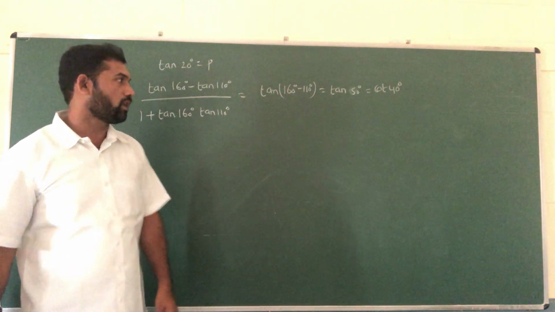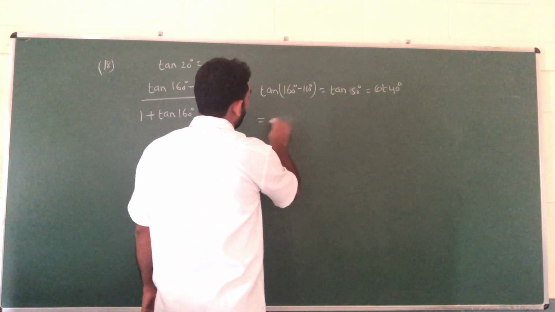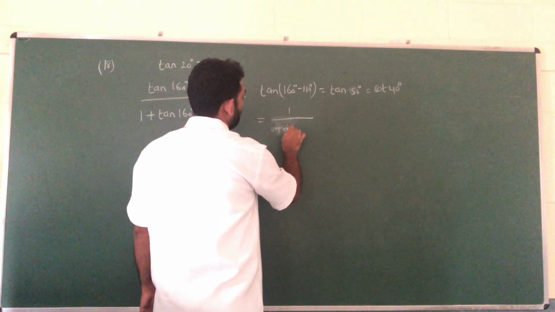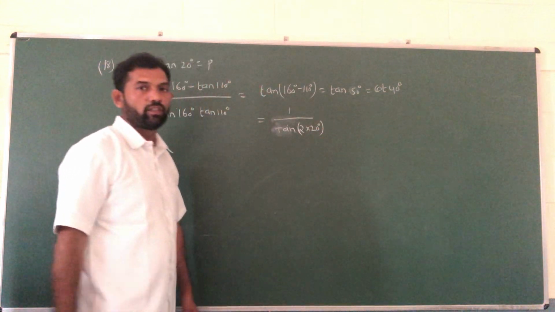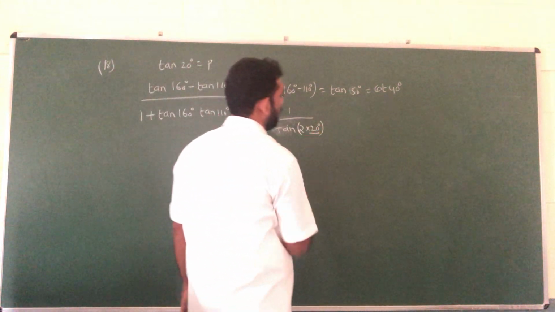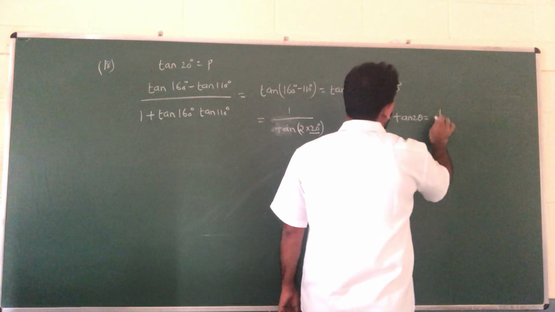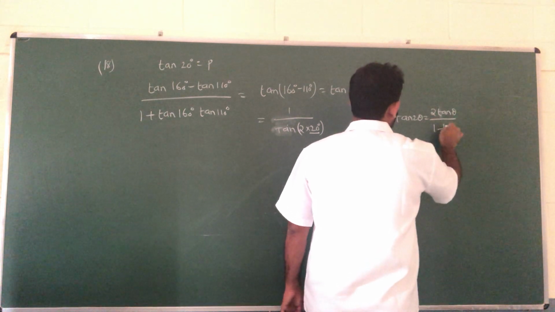So cot 40 can be written as 1 by tan of 2 into 20 degrees. So you apply the tan 2 theta formula. Tan 2 theta is equal to 2 tan theta divided by 1 minus tan square theta.